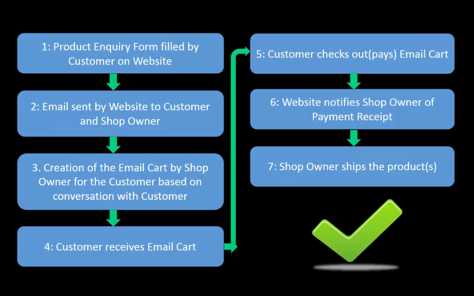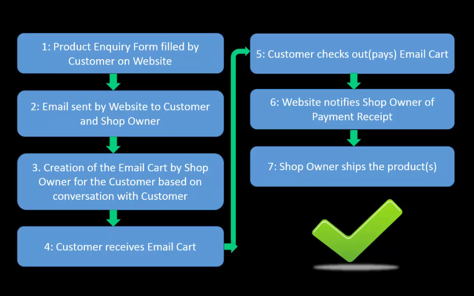And an email is sent by the website application to the customer and the shop owner. From this email, the shop owner picks up the contact details like phone or email and contacts the customer, and they have a telephonic conversation, and the shop owner creates the email cart for the customer.